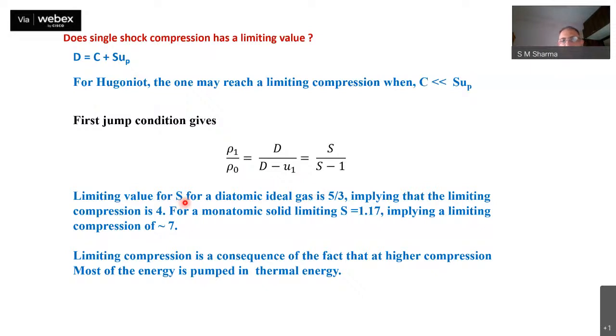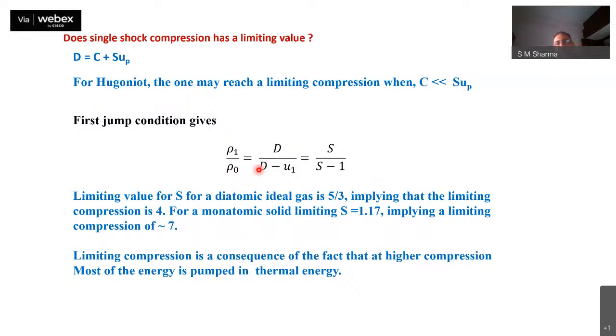The limiting value of S for a diatomic gas is known to be 5 by 3. So if you put a value of 5 by 3 into this, you see for a diatomic case, the limiting compression is 4. And for a monatomic solid, the S parameter has been determined to be in the range of 1.17. If you put this, then the limiting compression becomes 7.